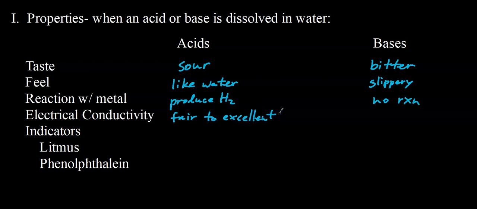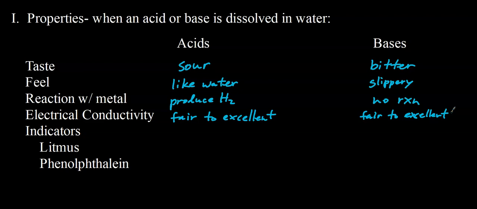We'll talk a little bit more about that later. Bases, same thing. Some bases are so-so conductors of electricity, and some are excellent conductors of electricity. Be thinking about what would determine the difference between a fair conductor of electricity and an excellent conductor of electricity.